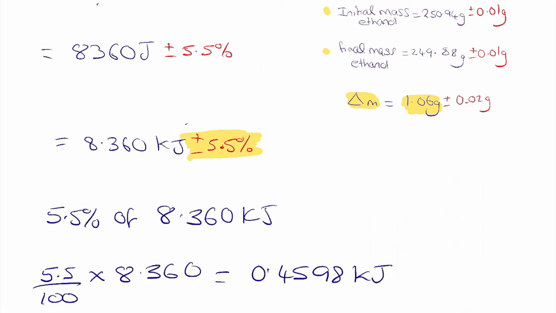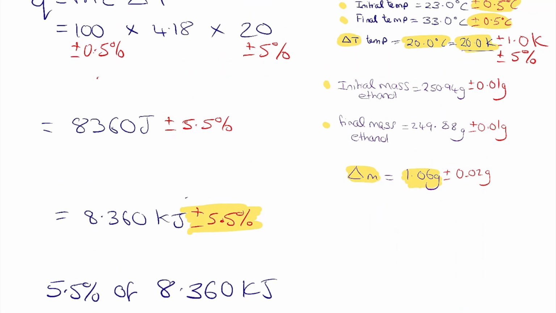So we're working out an absolute uncertainty of that final answer. Okay, so if we go back up here, we can then add the absolute uncertainty back to this number. So we'll do plus or minus, in fact I'll write it underneath. Let's do it here. So plus or minus 0.4598, and that's in kilojoules.